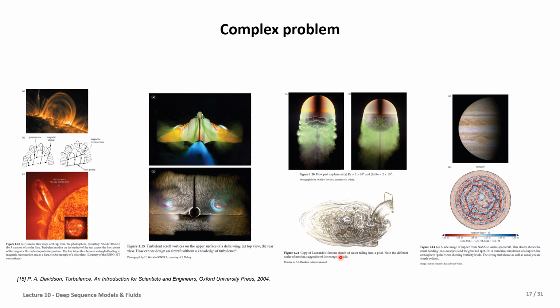And this is an example of Leonardo's famous sketch when he plotted, and it seems from that time he understood the scale and different scales of the turbulence area. And the last figure is a side image of Jupiter.